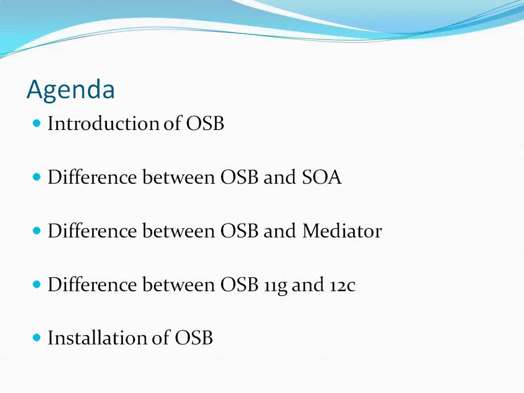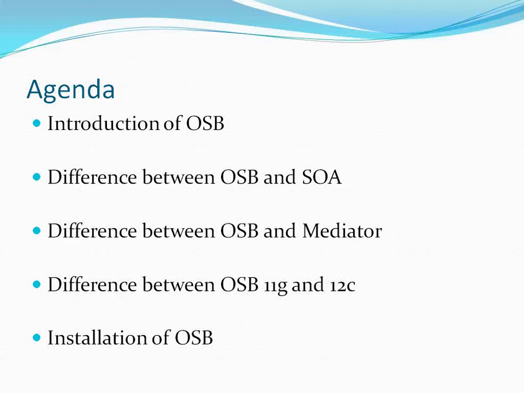Now you asked what is the difference between OSB and mediator. I think you already used mediator in BPEL and SOA, right? Mediator is mainly used to mediate your data inside a composite. Say suppose in one composite you have two BPELs and some human workflow, and you want to route your data from one BPEL to another BPEL, then you will use mediator there.